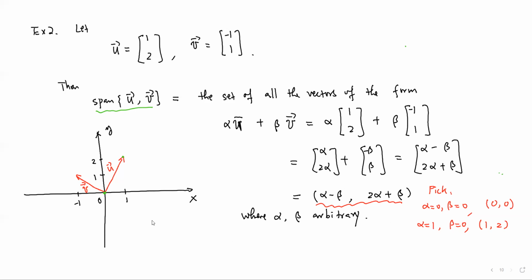How about let me choose alpha be 0, beta is 1. Then again vector V. Okay, plug in 0 in alpha, 1 in beta. Then again (-1, 1).